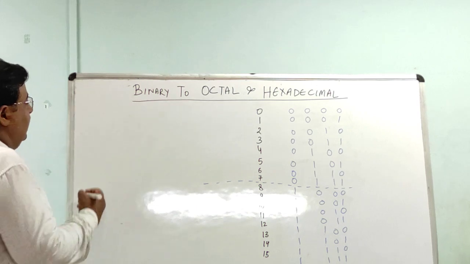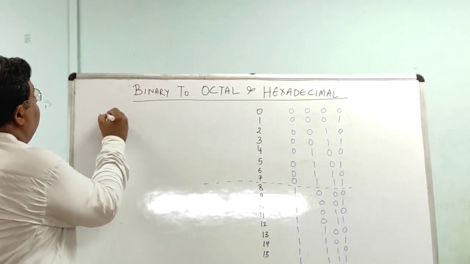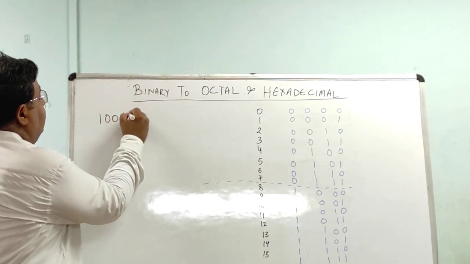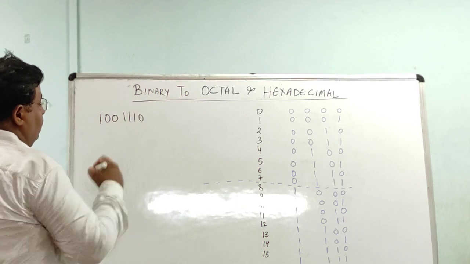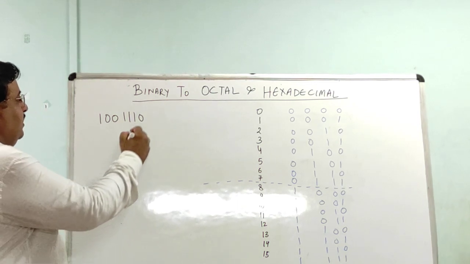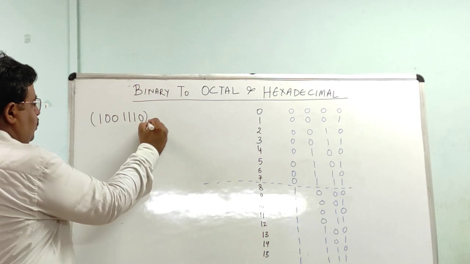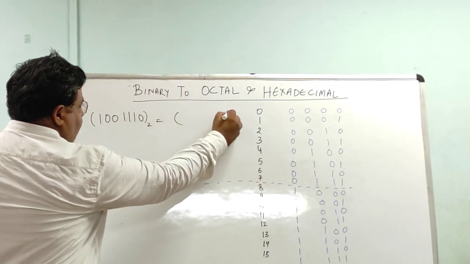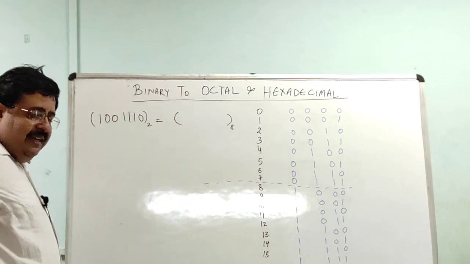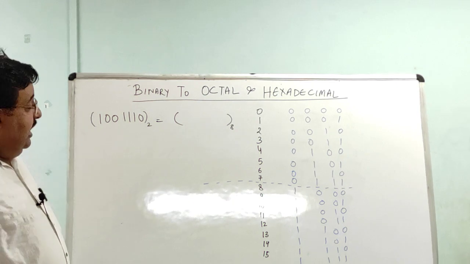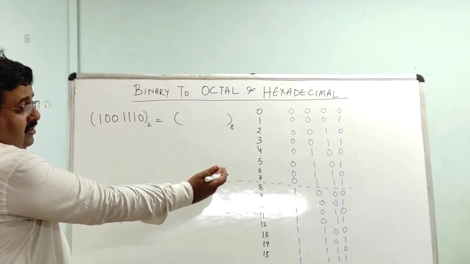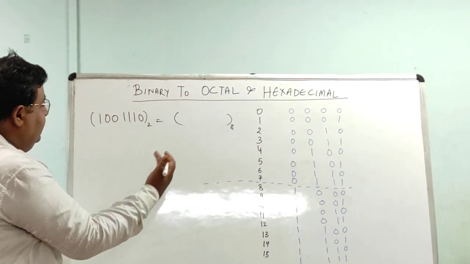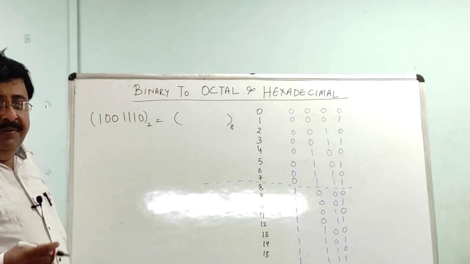Now, let us have a number 1001110. This number I want to convert into octal. So, what will I do? I will start from the least significant bit side and I will make groups of 3 bits.